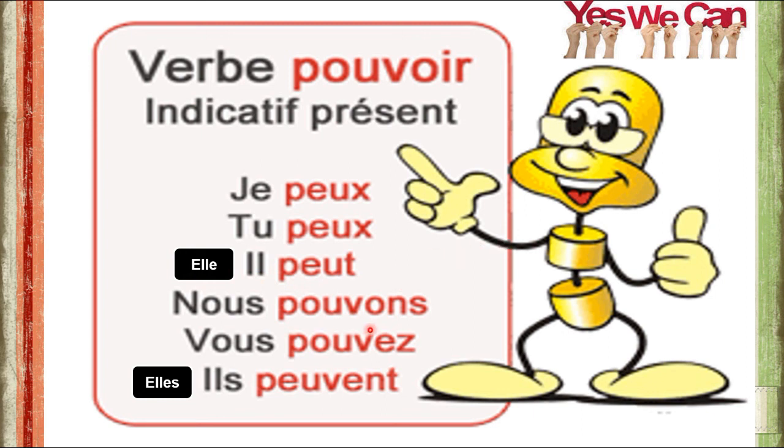Nous pouvons, vous pouvez, ils peuvent. I don't say ENT. Elles, like letter L, elles peuvent, they can. So, verb to can, I say je peux, tu peux, il peut, elle peut, nous pouvons, vous pouvez, ils peuvent, or elles peuvent. After this verb, I can use the verb as it is without any change.